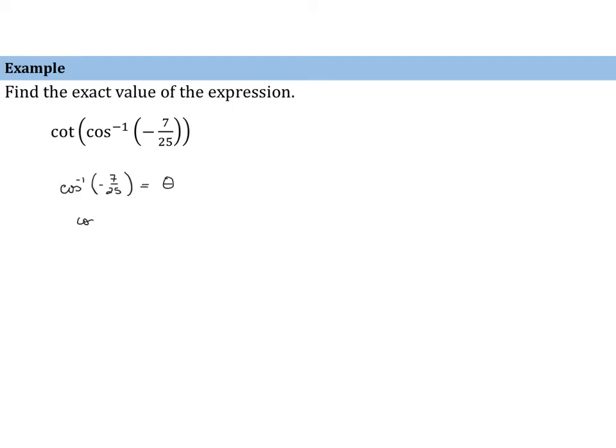This means that cosine of theta is negative 7/25, and we know that theta must be between 0 and pi. So if we sketch theta, this means that theta will have to be in the second quadrant.